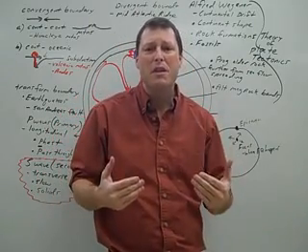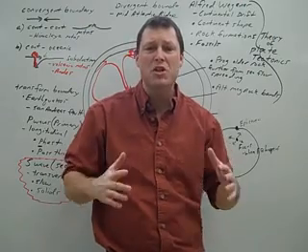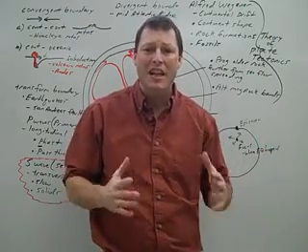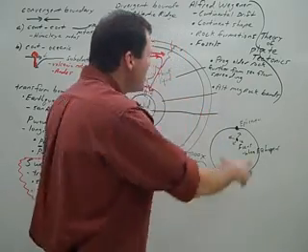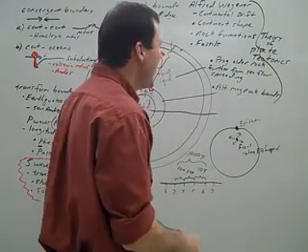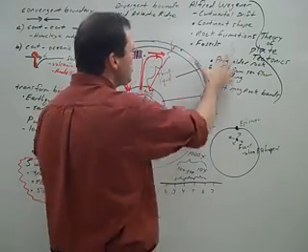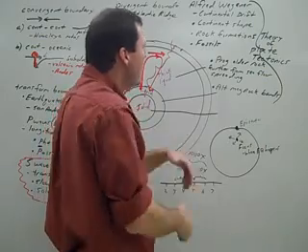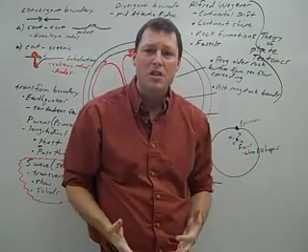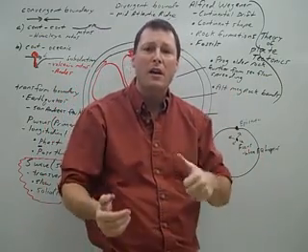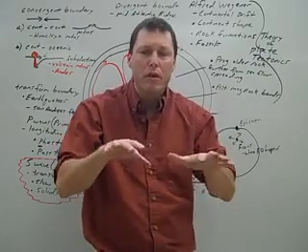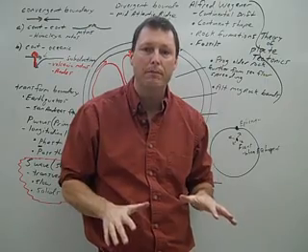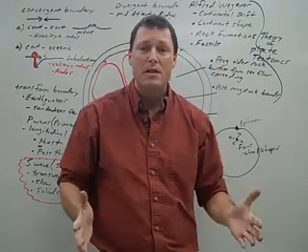A scientific theory is a well-established explanation for why something happens based on lots and lots of information. And that's exactly what this theory of plate tectonics is. It's a scientific explanation consisting of lots and lots of information as to why something is happening. In this case, why the continents are moving around. The tectonic plates are moving around relative to each other. And that's it for tectonic plates.